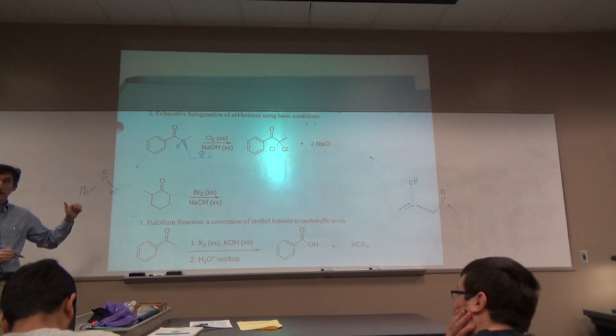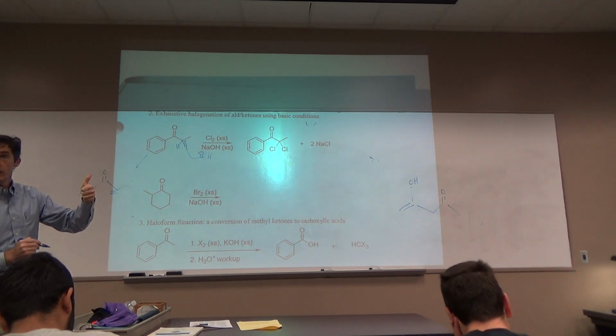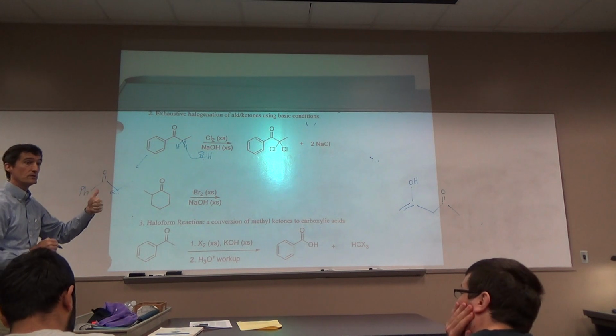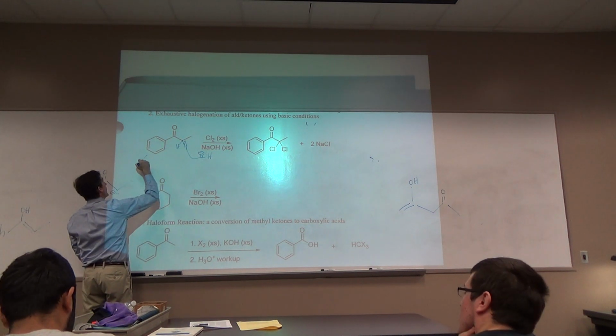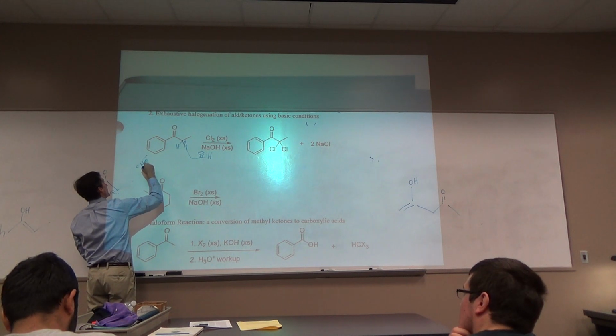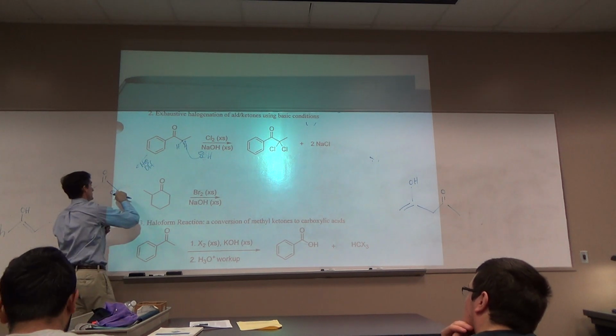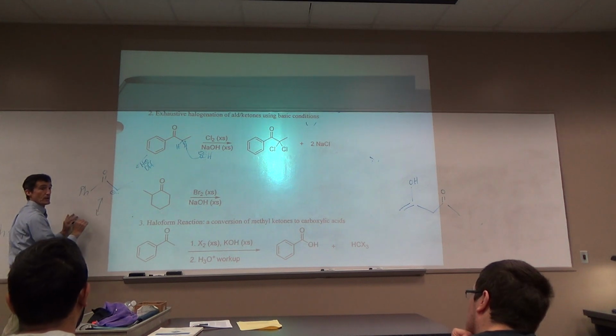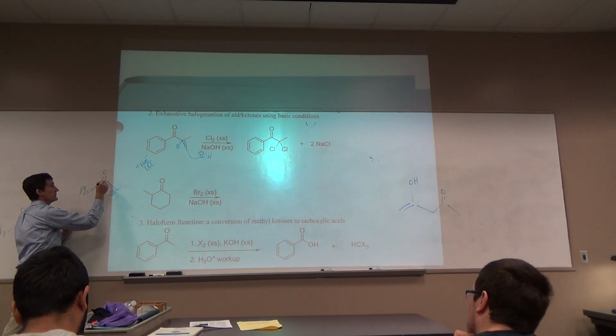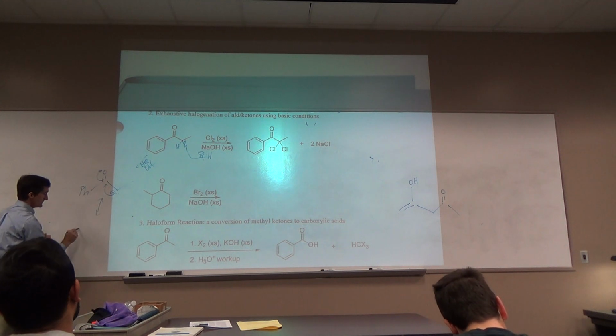What's our mechanism? How do we remember it? Oreo, which stands for, under basic conditions, what? Yeah, we take proton off. Now what do we do? Resonance. These electrons can move here. These can move up.